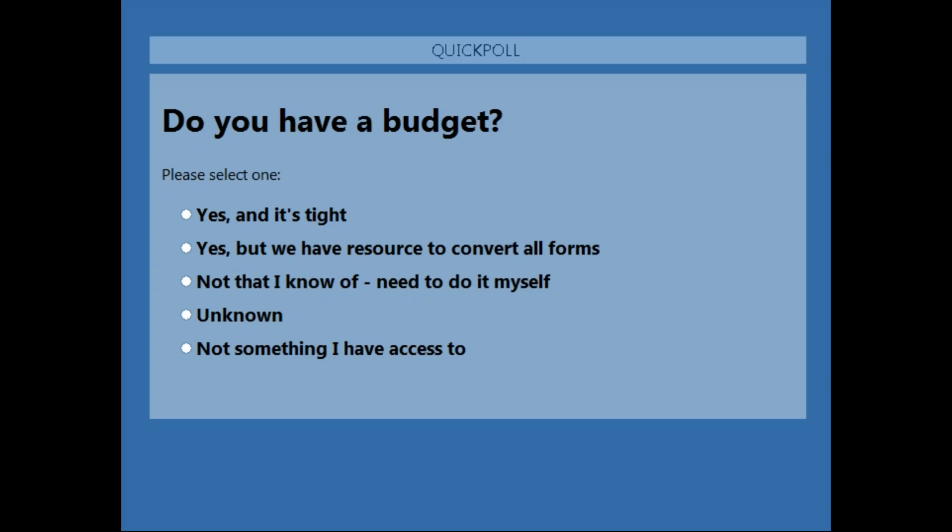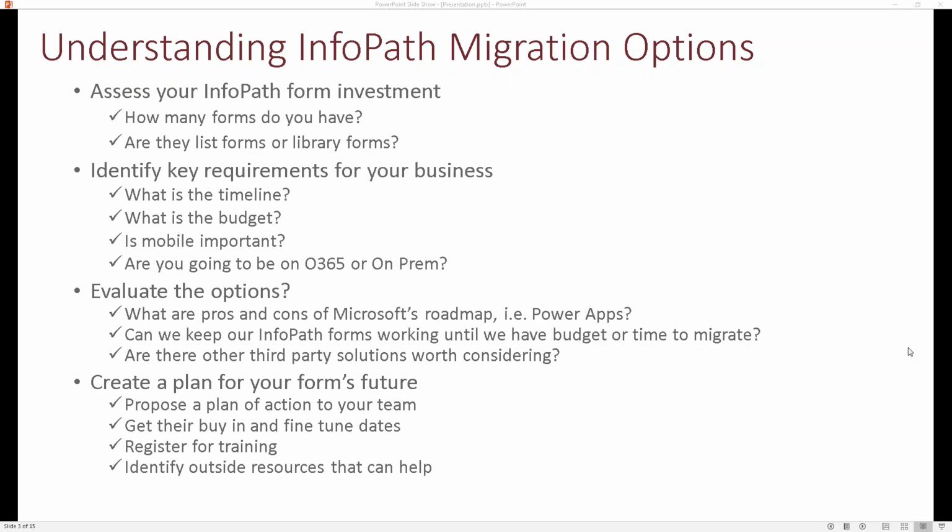There's lots of different considerations, and you have to think about these. It looks like most of you, 57%, don't know of one, and you need to do it yourself. So glad you guys came here. There's 25% unknown, 13% have a budget with resource. No one's actually in the first category, and we had 13% also not having something that they have access to. And then I have one last question here, which I will ask later when we get through the deck.